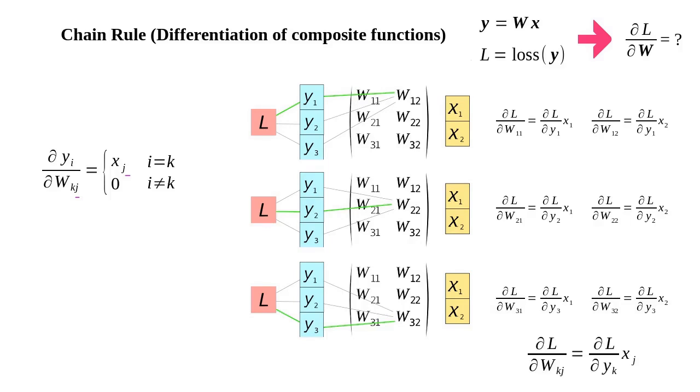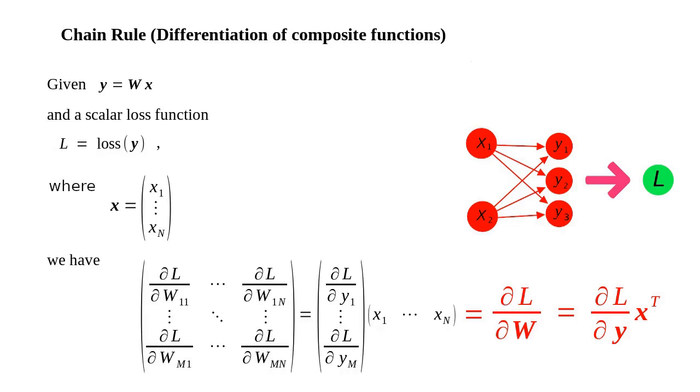The final result can be expressed using either indices or matrix and vector notations. In summary, this formula can be used to calculate gradients in a neural network when it is applicable.